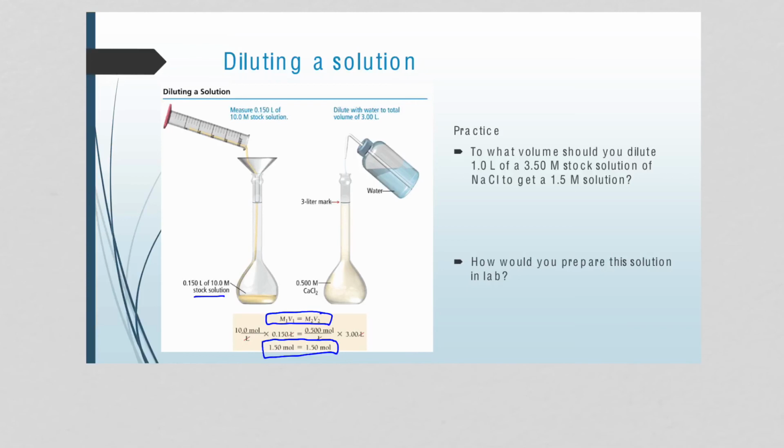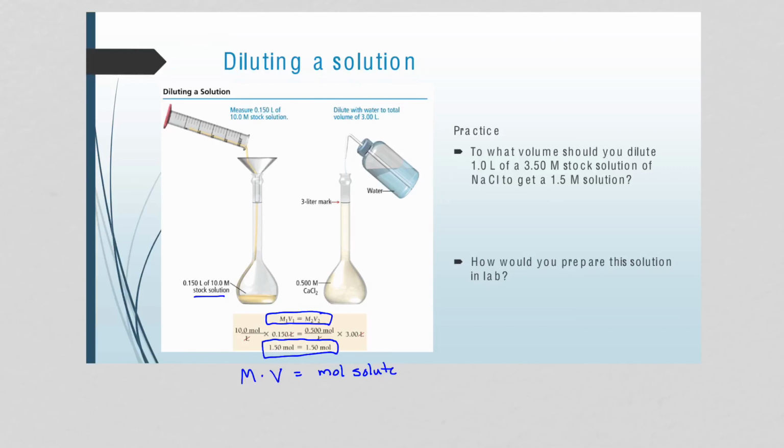Remember, molarity times volume, or liters of solution, equals moles of solute. And since in a dilution, all we're doing is adding more solvent, we're not changing solute at all, the amount or the moles of solute that are dissolved in there are the same.